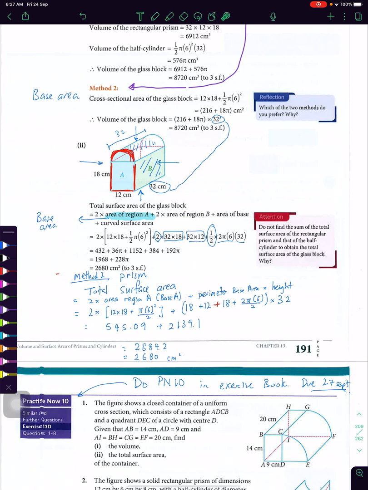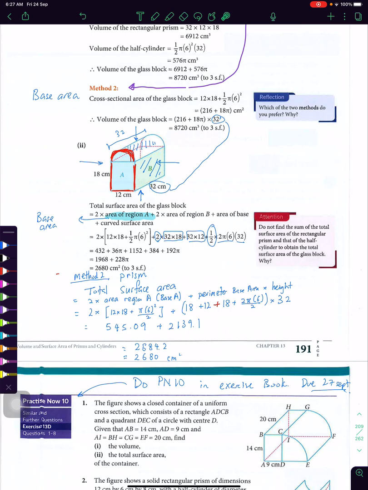and then area of region B. Actually there is the right side, there is one rectangle here, and then left side there's one rectangle here. So you will take 2 times 32 times 18, and then times 2 because there's one left and one right. Now at the bottom there's one base area as well, so I'll take 32 times 12.